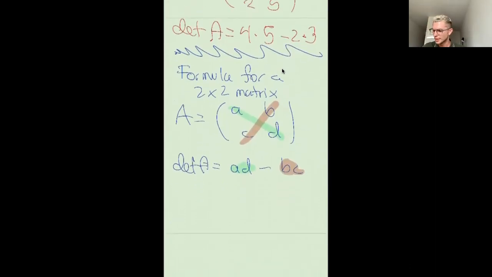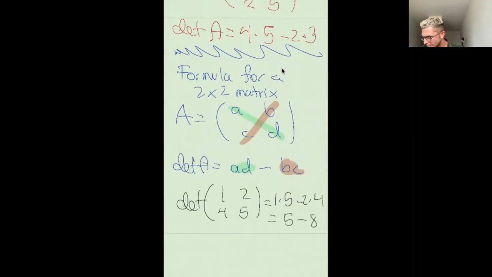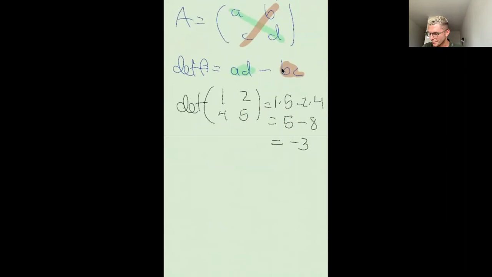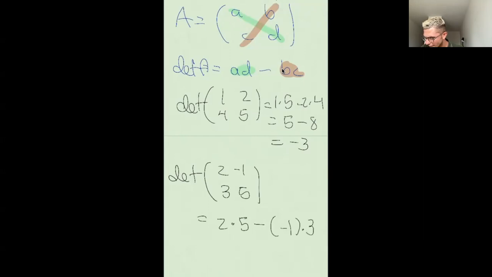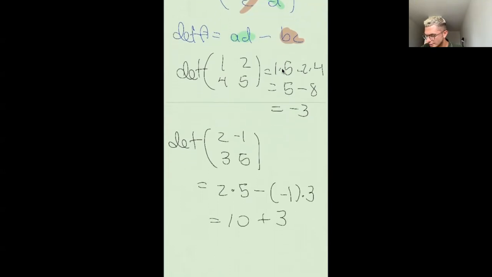For example, the determinant of 1, 2, 4, 5 is 1 times 5 minus 2 times 4, which is 5 minus 8, which is -3. And the determinant of 2, 1, 3, 5 is 2 times 5 minus 1 times -3, which gives you 10 plus 3, which is 13.